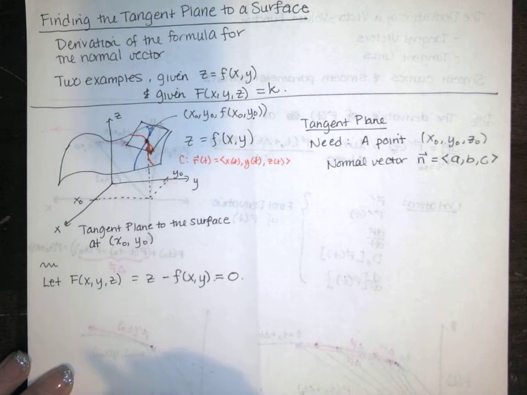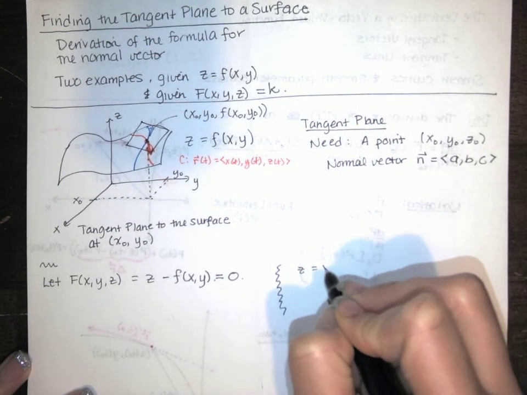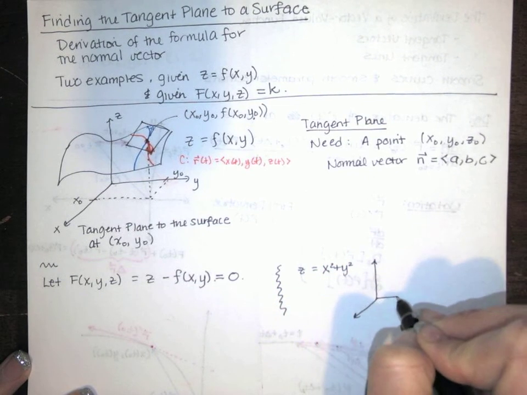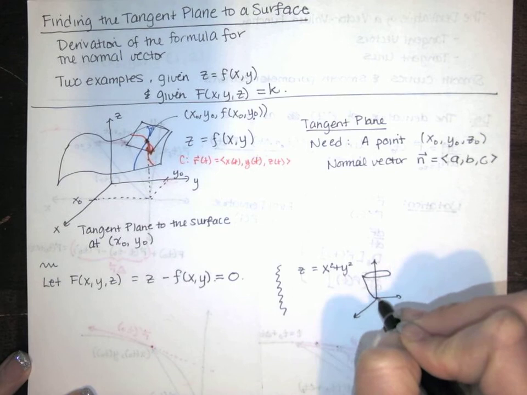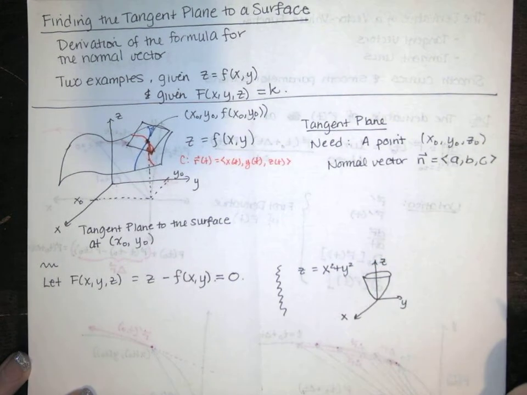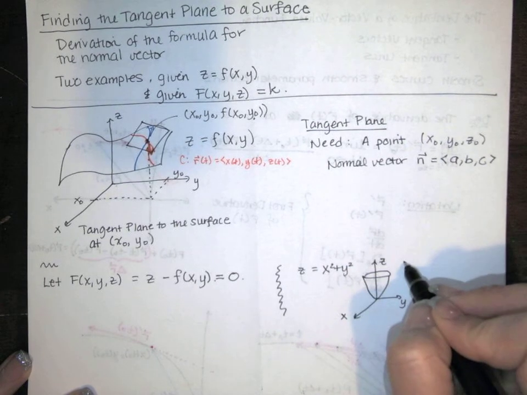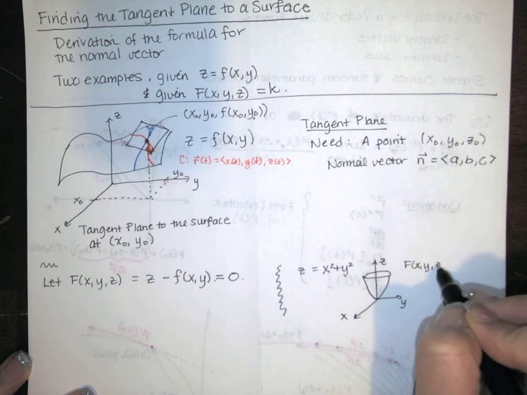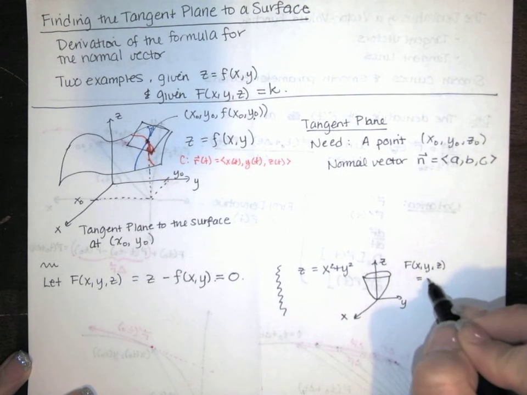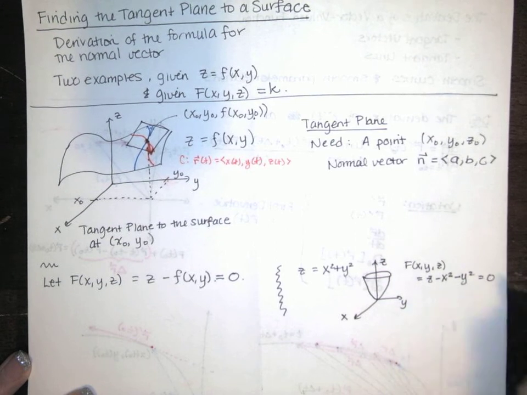A lot of students look at this and they're like, what do you mean, Miss Townsend? Well, let me just give you a quick example. If z equals x squared plus y squared, that's our elliptic paraboloid facing up. Looks like this. Well, instead of writing it as z equals x squared plus y squared, we're going to define a new function, F of x, y, z, and we'll make it z minus this quantity. So z minus x squared minus y squared equals 0.